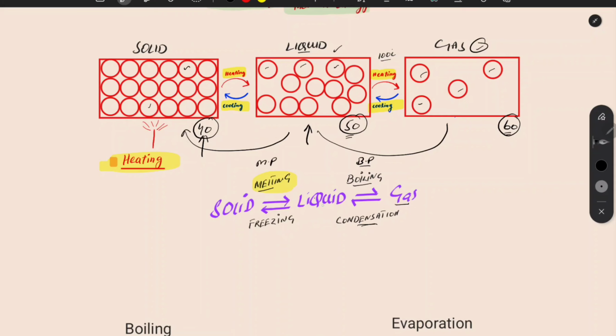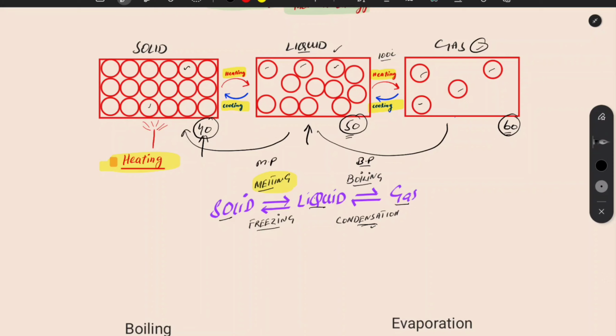And if you further cool down this liquid, it will convert into solid, and this process is called freezing. The temperature at which condensation occurs is the condensation point, and the temperature at which the liquid freezes into solid is our freezing point. So we are familiar with all of these, and we have just revised them.